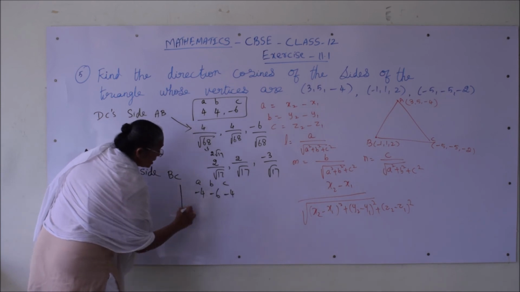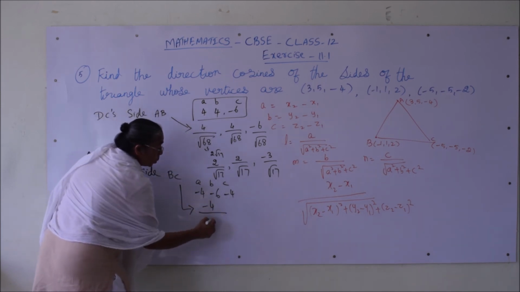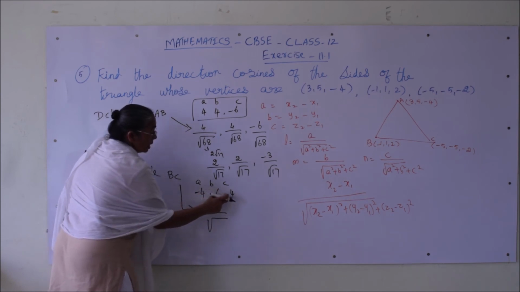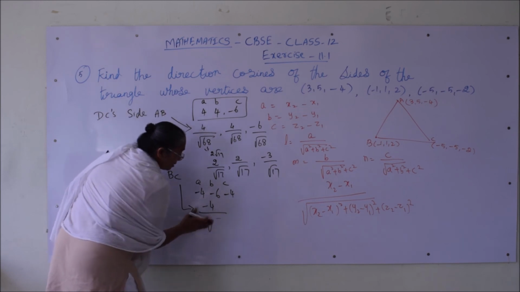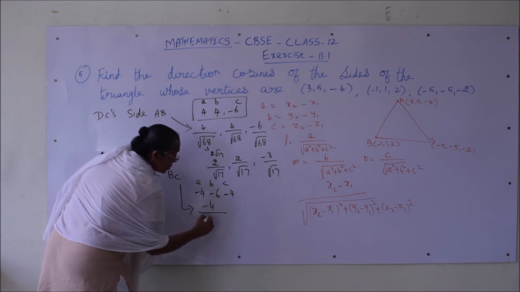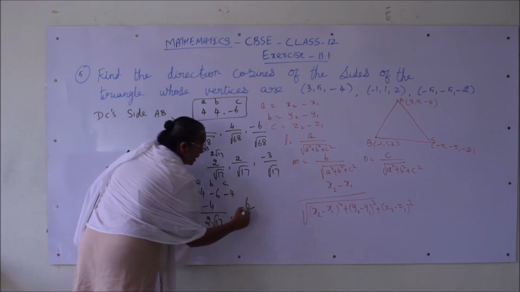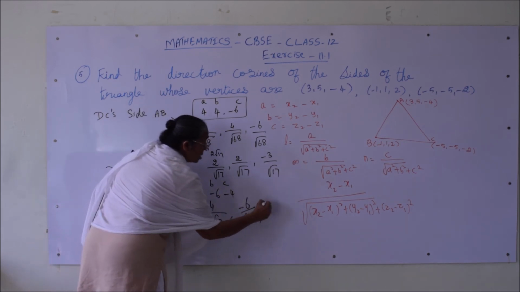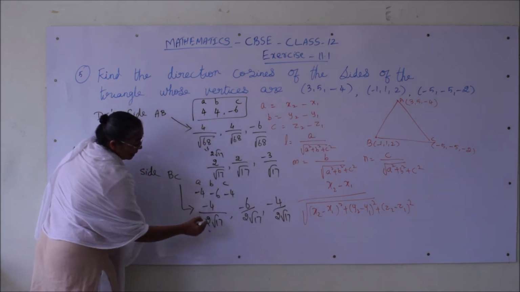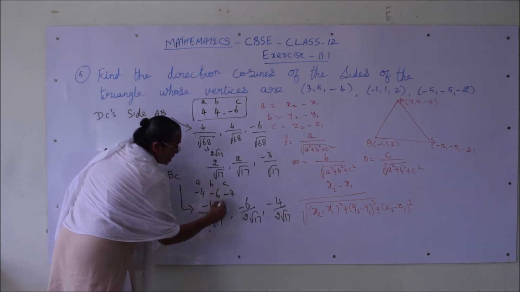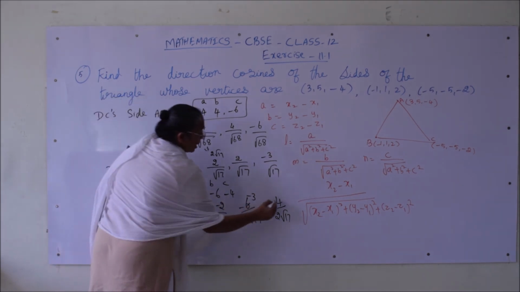Now the DCs are minus 4 divided by root over 16 plus 16 plus 36, which is root 68, nothing but 2 root 17. So minus 4 by 2 root 17, minus 6 by 2 root 17, minus 4 by 2 root 17. So we can cancel: minus 2 by root 17, minus 3 by root 17 and minus 2 by root 17.